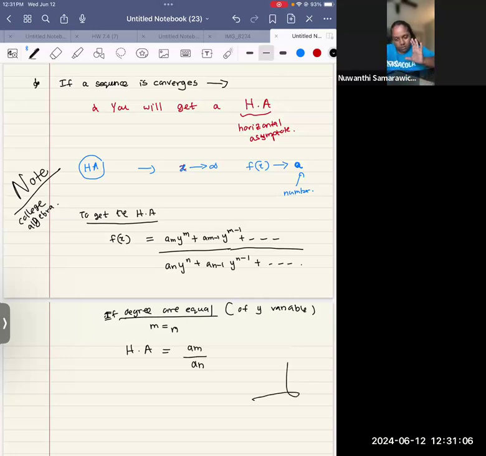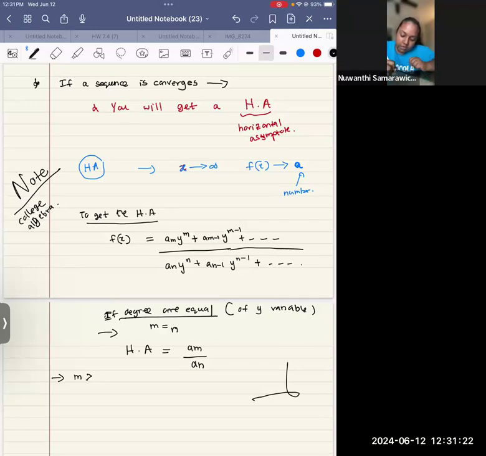I'm just recalling only one case. If you can't remember how to find the horizontal asymptote, check the notes, or Google it.